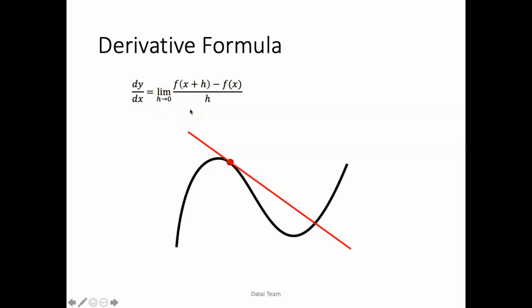As h gets infinitely small, when we take the derivative, we look at the slope or the gradient at a very small point, at an instant, at a single x value.